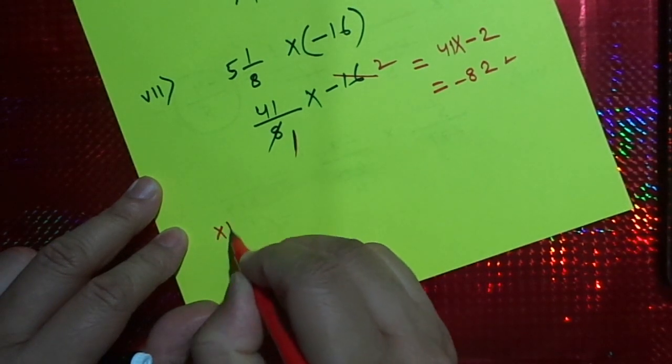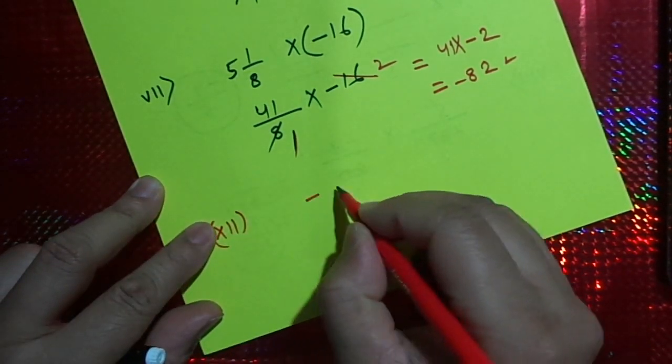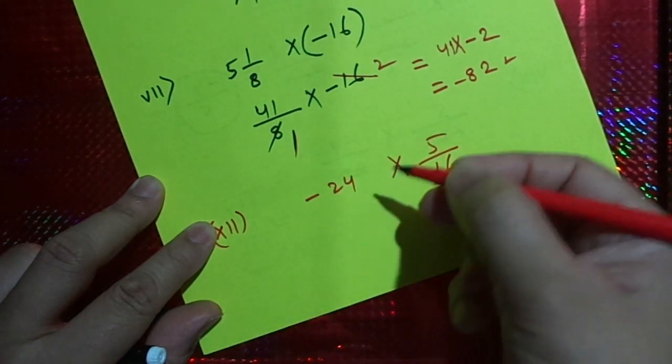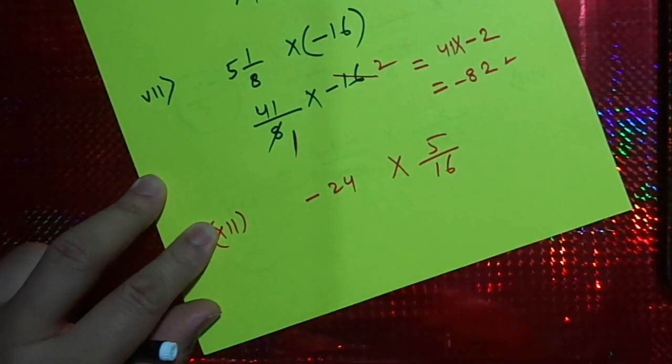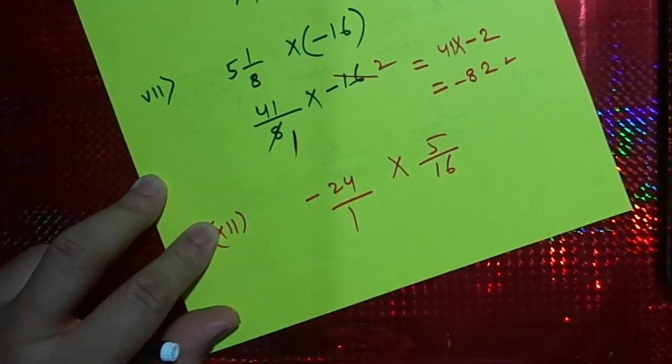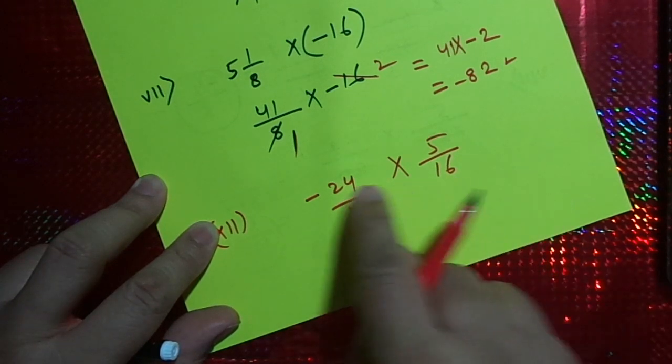I'll do one more. We have minus 24 and 5 by 16. Where lies the problem? No problem at all. As I said, the denominator and the numerator can only get cancelled if there is a number which can cancel both of them.